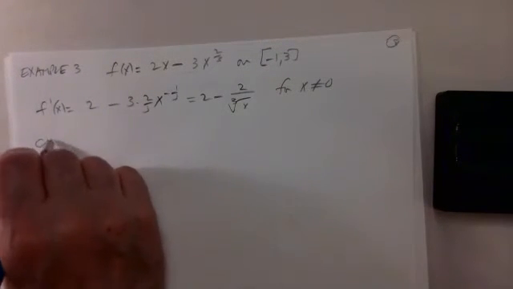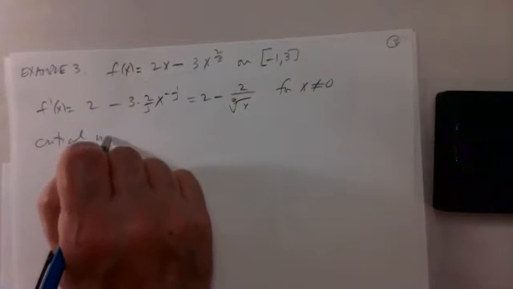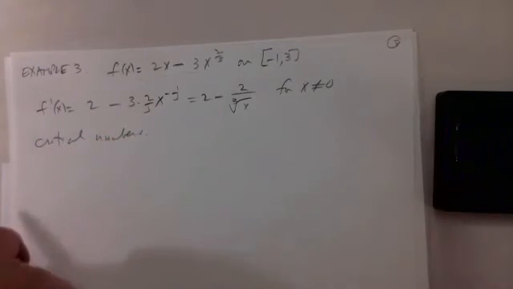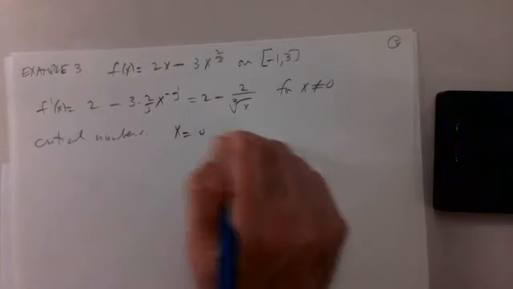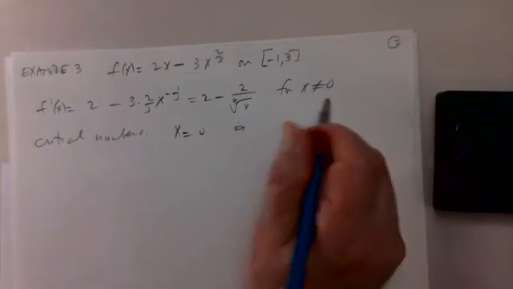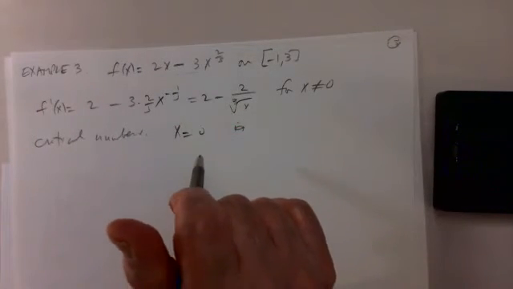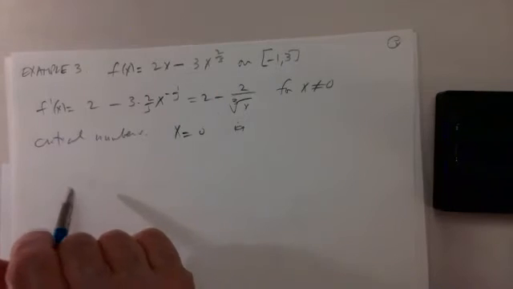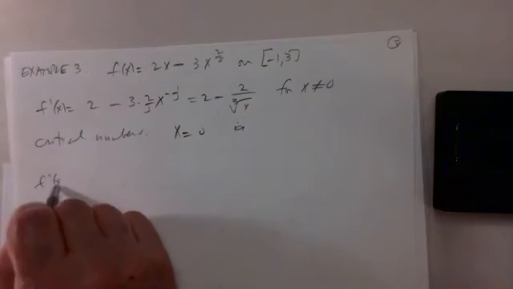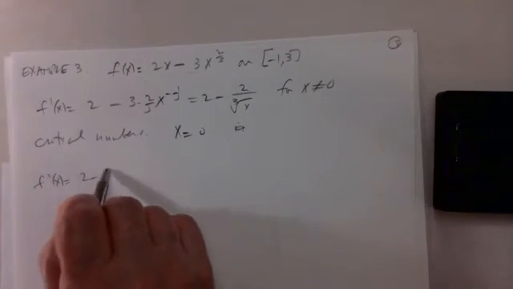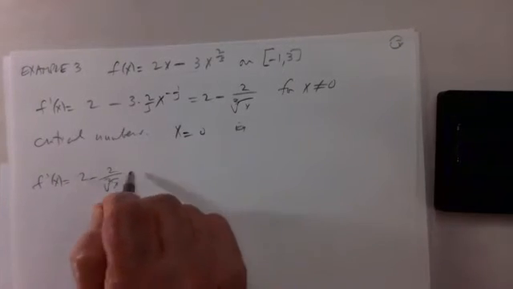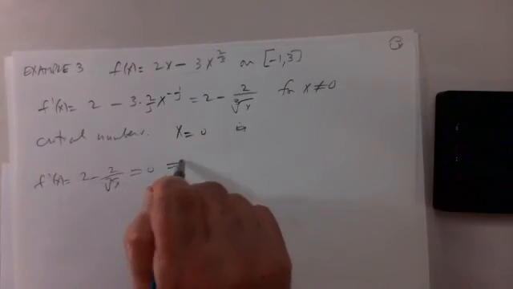So what are the critical numbers? X equals 0 is a critical number because the derivative is not defined there. Where the derivative is defined, f prime of x, which is 2 minus 2 over the cube root of x, when does that equal 0?